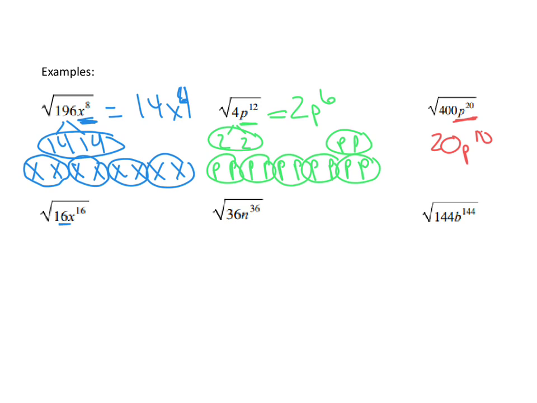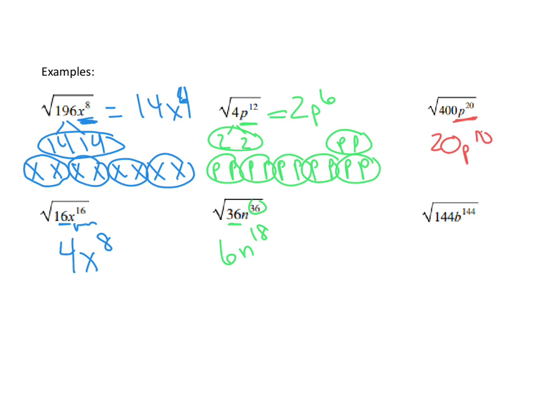The square root of 16 is 4, and then x to the 16th. Half of 16 is 8. Next, the square root of 36 with n to the 36th. Square root of 36 first would give us 6. And then half of 36, so bring down our n. 36 divided by 2 would be 18.